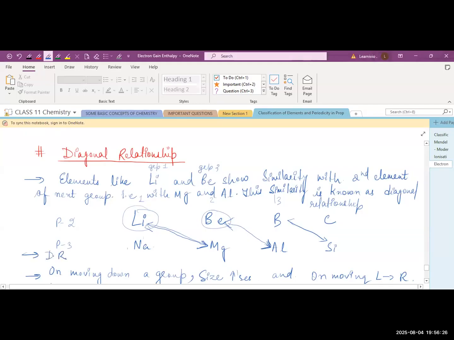And diagonal relationship exists due to identical sign of ions.